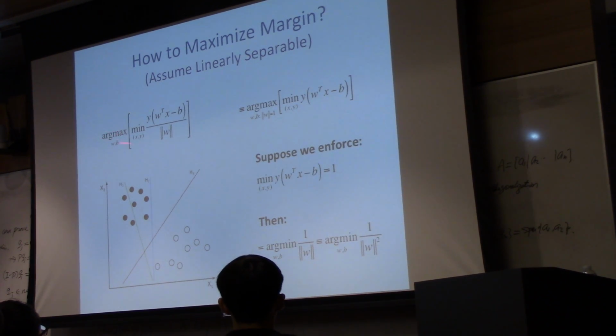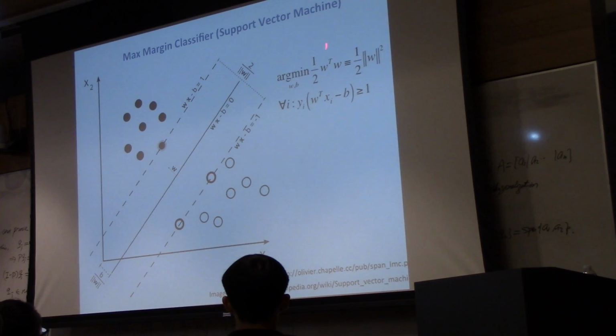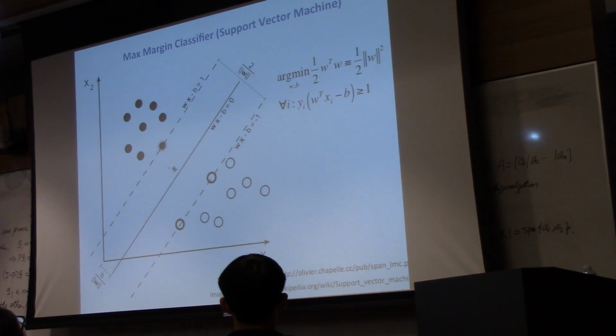If you want to turn this into a minimization problem, all you have to do is invert this. This is guaranteed to be 1. We enforce it to be 1, and we want to turn this maximization problem into a minimization problem, so we just flip the denominator and numerator. This is 1, so it doesn't matter, and it actually just looks like this. Sorry about this, I'll change this after class.